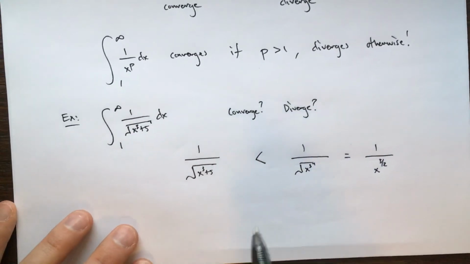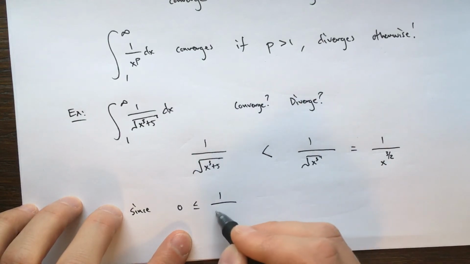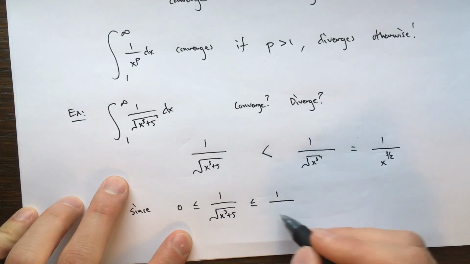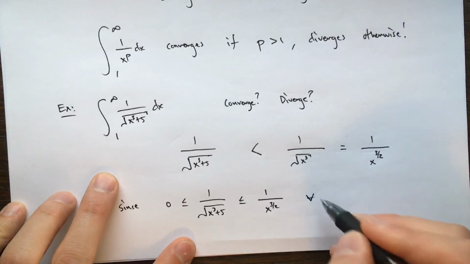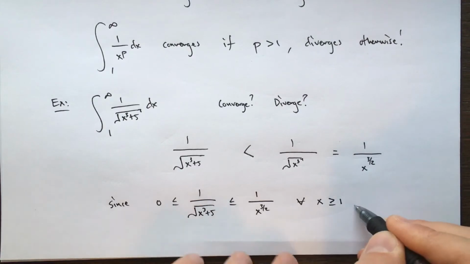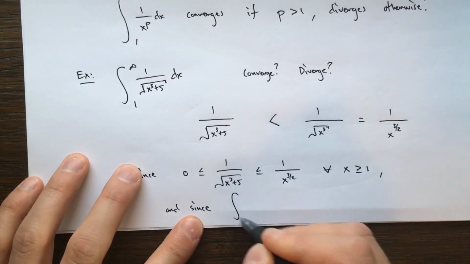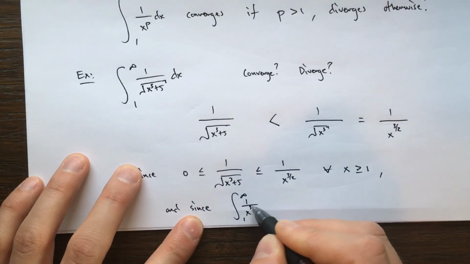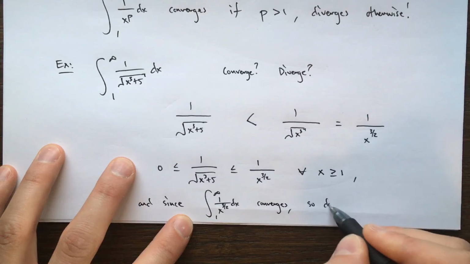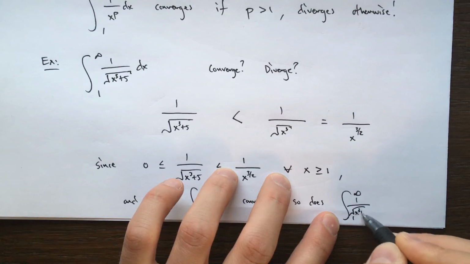That's good. Now I can basically say, since 0 is less than or equal to 1 over the square root of x cubed plus 5, which is less than or equal to 1 over x to the 3/2, for all x greater than or equal to 1, and since the integral from 1 to infinity of 1 over x to the 3/2 dx converges, so does the integral from 1 to infinity of 1 over the square root of x cubed plus 5.